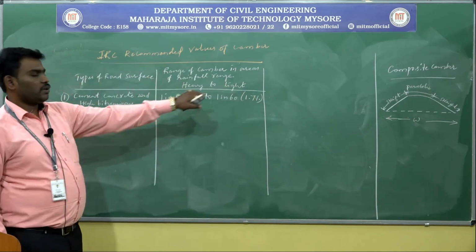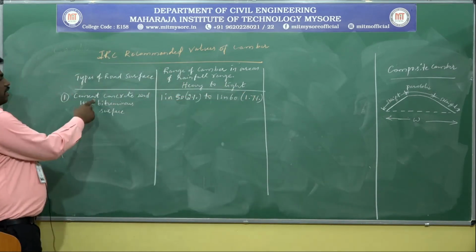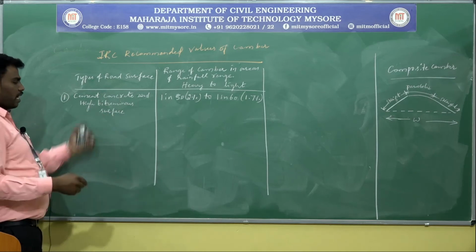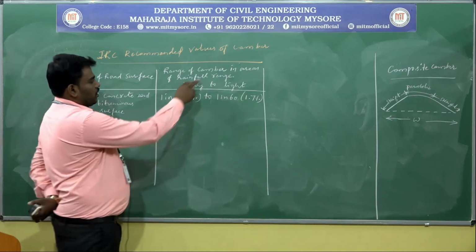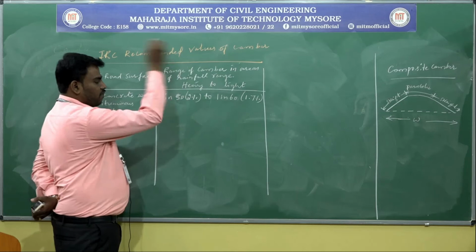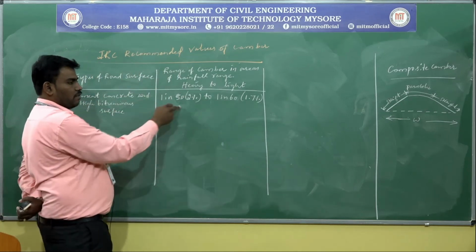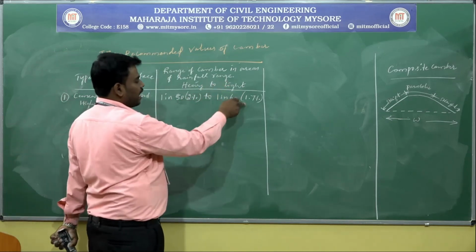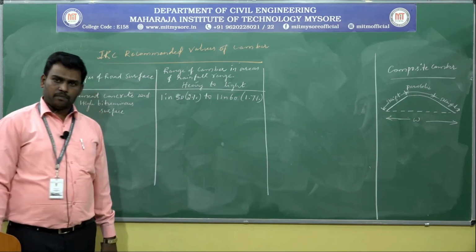This is from heavy to light, meaning for cement concrete and bituminous surface, if the rainfall in the locality is heavy, then you have to take 1 in 50. If the rainfall is light, you have to take 1 in 60.